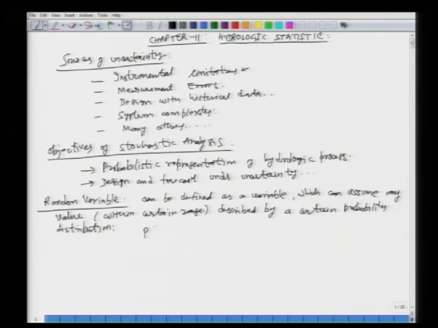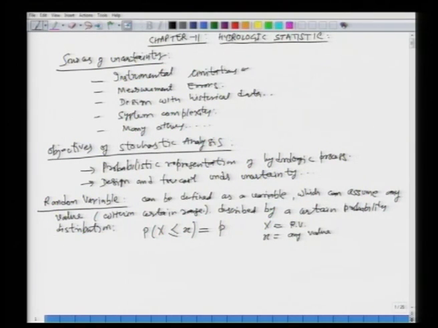You have the probability of your random variable x having a value less than or equal to small x is equal to small p, where your x is the random variable. Small x is any value.